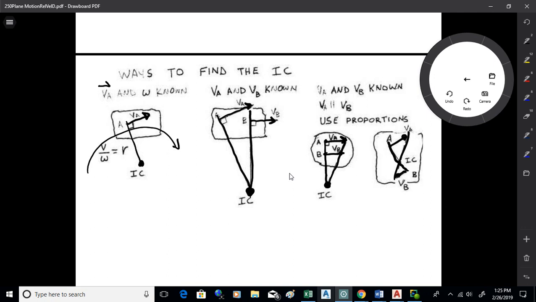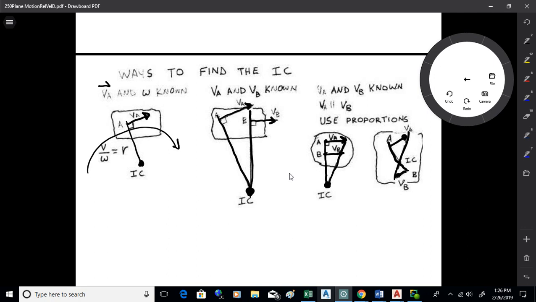The other thing about the instantaneous center is at that instant, it doesn't move. It's motionless at that instant. Now, the funny thing about instantaneous center is it moves all the time too. Every instant you look at the object, the instantaneous center is in a different location. But for the instant you analyze it, it's the point that has zero velocity.